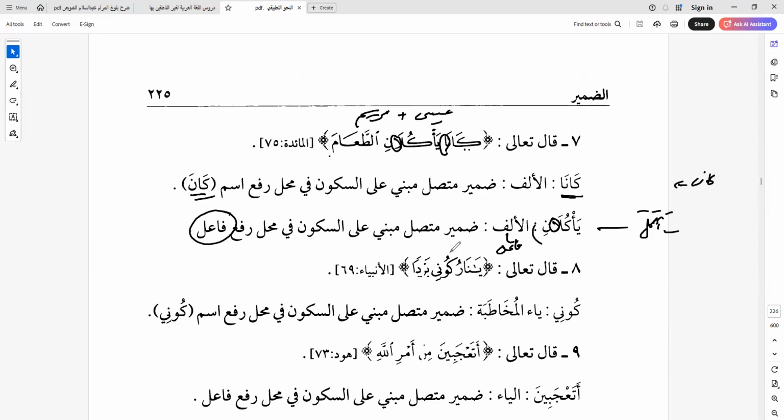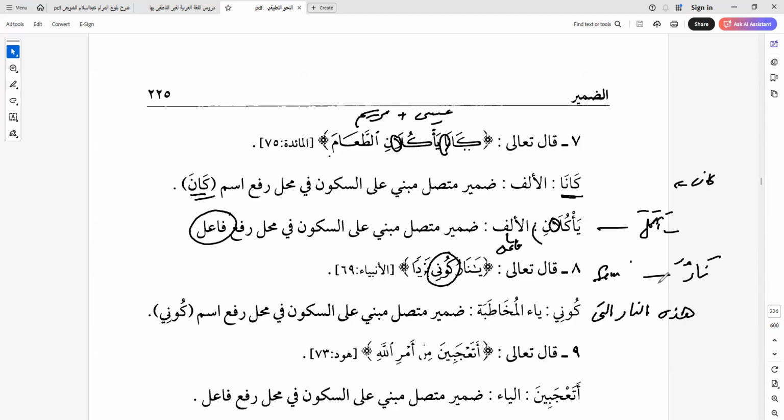يا نار كوني. Now نار has feminine attributes in Arabic. So we say هذه النار. هذه النار التي.